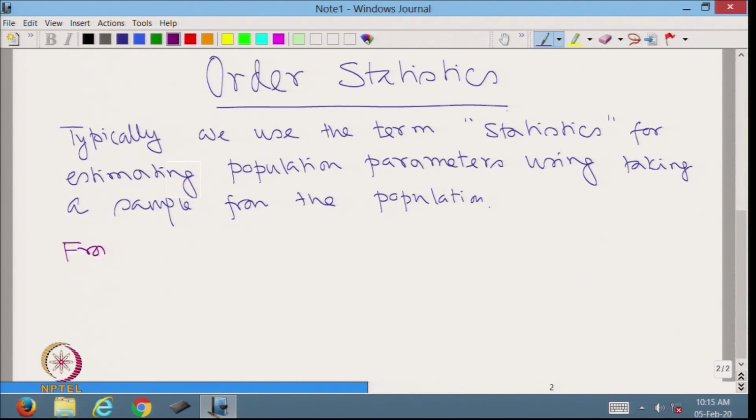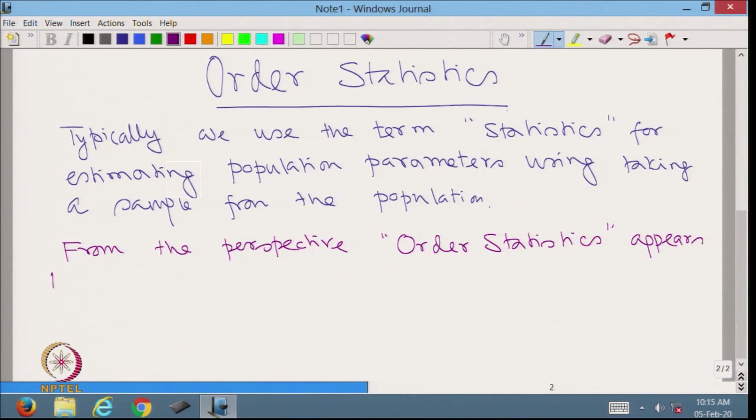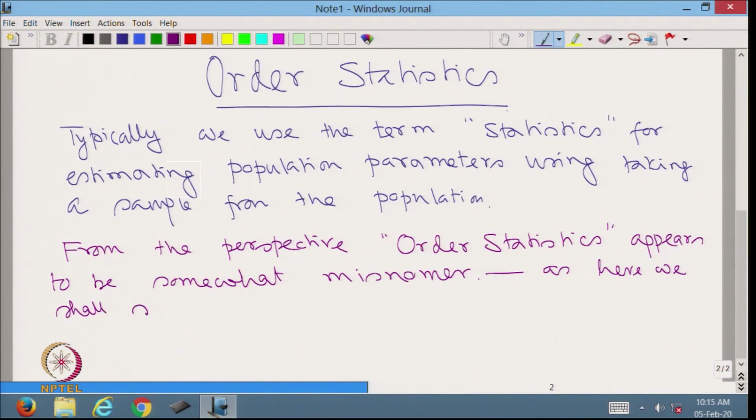From that perspective, order statistics appears to be somewhat of a misnomer, as here we shall not study any statistics.